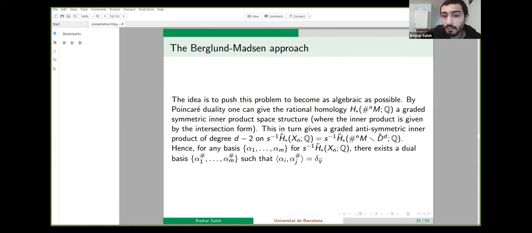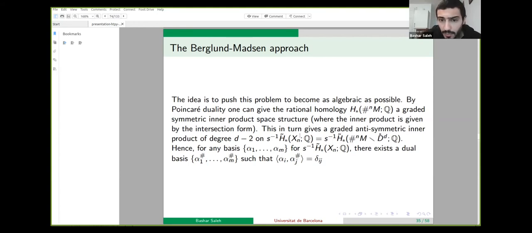And now, removing the top cell of this thing, and taking the d-suspension of the reduced homology of Xn, meaning the n-fold connected sum of M minus a disk, this gives us a graded antisymmetric inner product on it, and it's non-degenerate.